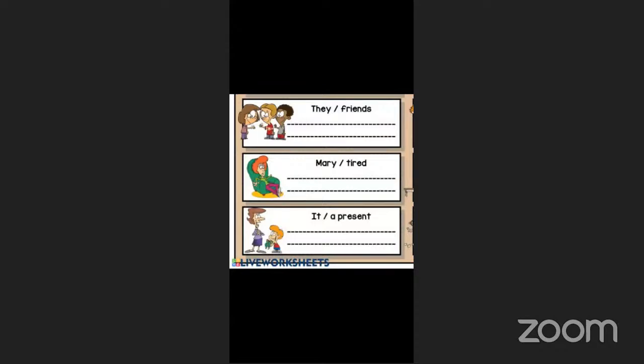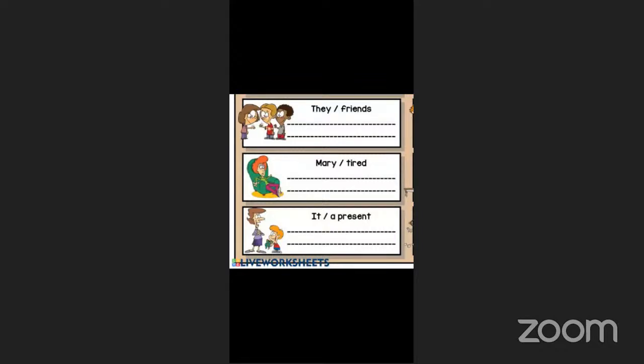Look at the next one. It, a present. Is it a present? You have to use the be verb is. It's in singular form. So there you have to use the be verb is. When you ask questions, you have to use the be verbs at the beginning.